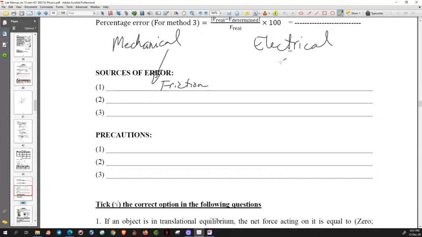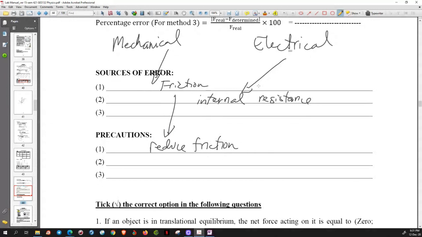If your experiment is electrical, there is internal resistance, okay? These are values that we cannot remove from the experiment, but we can reduce them. So in the precaution, if it is friction, just write reduce friction.